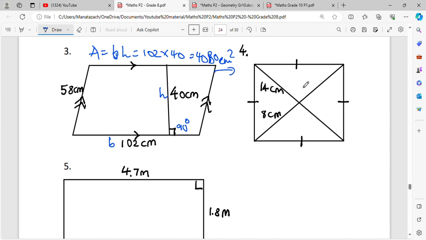And then here we're dealing with a square which has diagonals meeting at 90 degrees. So in order to calculate the area, we first need to find this side here. We have 14 centimeters and 8 centimeters. That means you can apply the theorem of Pythagoras, which is going to be 14 squared plus 8 squared.